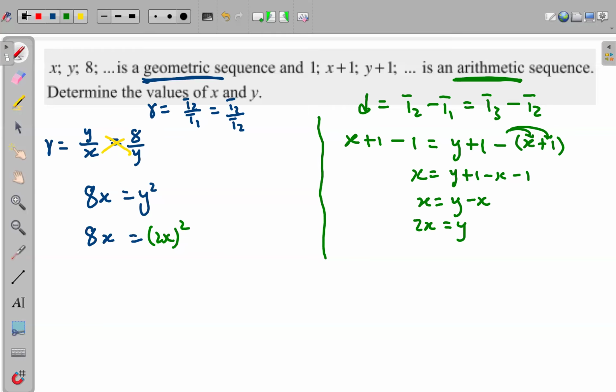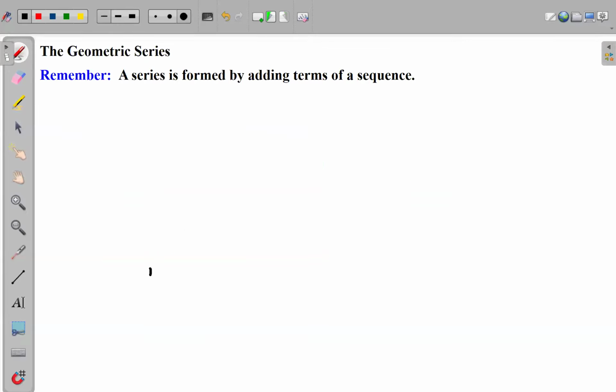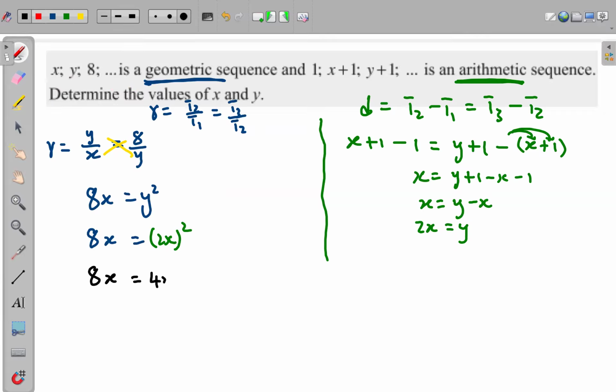And then now we're going to work this out. This is 8x is equal to, watch this now. It's going to be 4x squared because you are squaring the 2, you are also squaring the x.